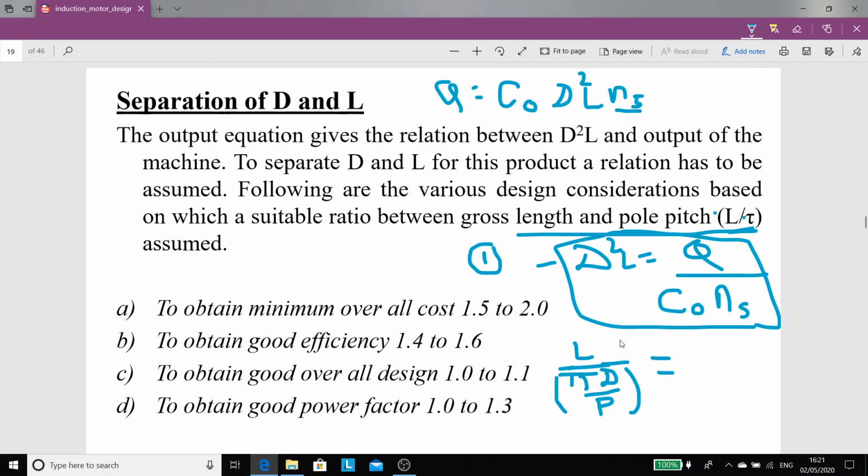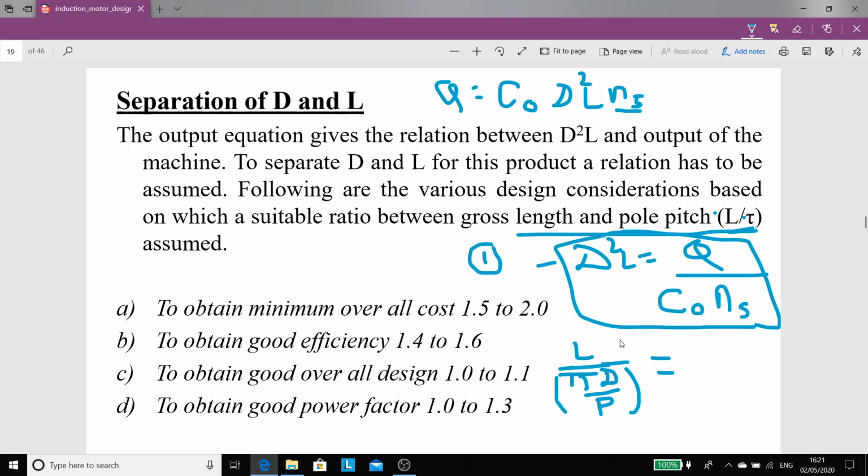It means whether we want to design a motor for good efficiency, for the best power factor, or with a minimum cost. As per our design requirement, we have to properly select the value of this ratio of length to pole pitch of the induction motor.